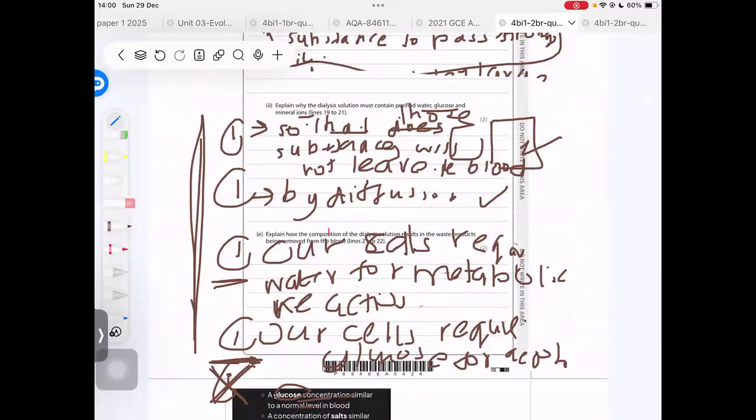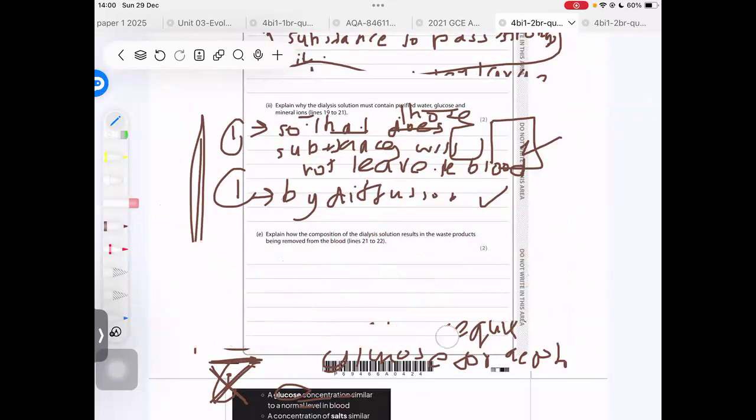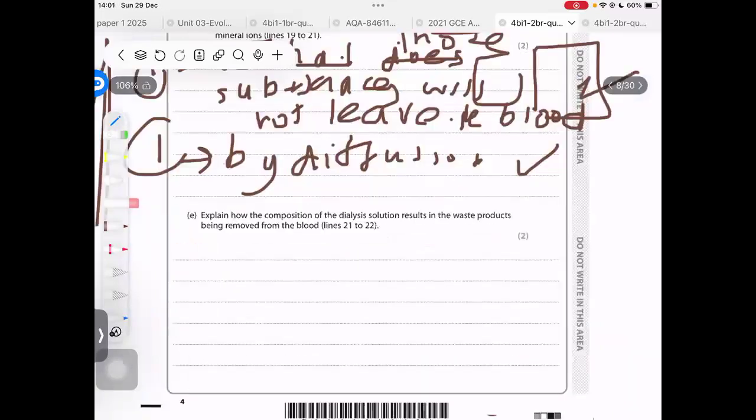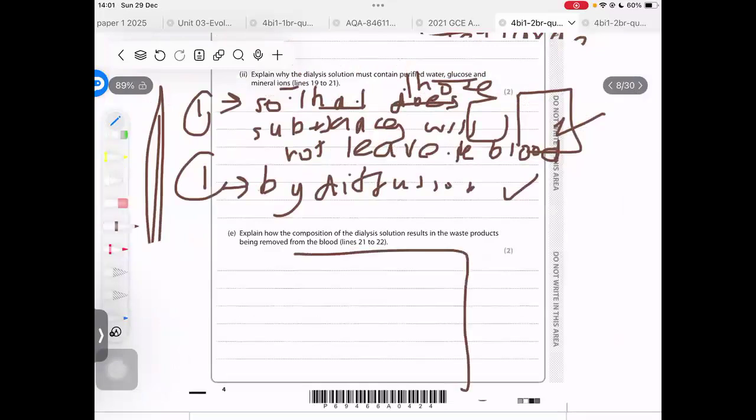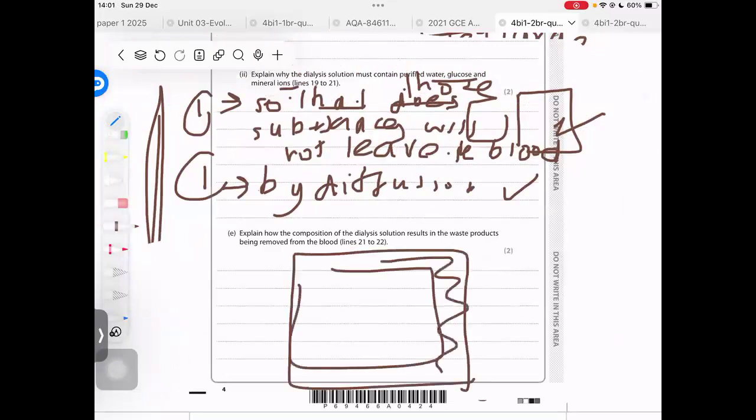Now you can see here they have asked us to explain how the composition of the dialysis solution results in the waste products being removed from the blood. If I draw the dialysis machine like this, outside you have the dialysis fluid, inside you have the blood.